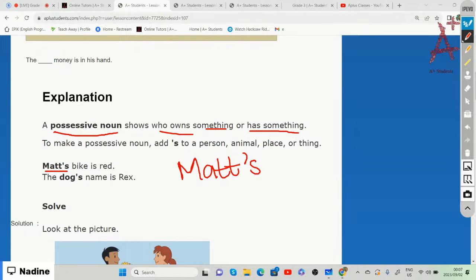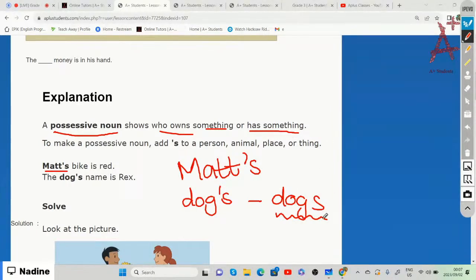All right. The dog's name is Rex. So we are specifically saying that this one dog, his name is Rex. So you need to put the apostrophe S to show that this dog's name is Rex. If you don't put the apostrophe, we will get the idea that you are talking about more than one dog.